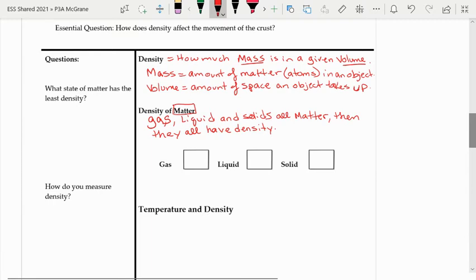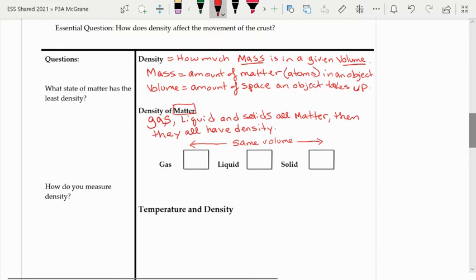Awesome. So let's go ahead and look at what the densities look like. Notice the volume is all the same. So I'm going to say same volume. The same volume is in all of these. And that's because, look at the little box. The box is all the same.